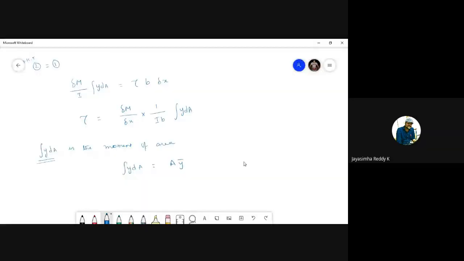We have also seen this in bending stress. When deriving bending stress, we write integral over y dA as A y bar, where A is the area of the portion we have considered. So this is the portion that we have considered, and this distance becomes y bar.